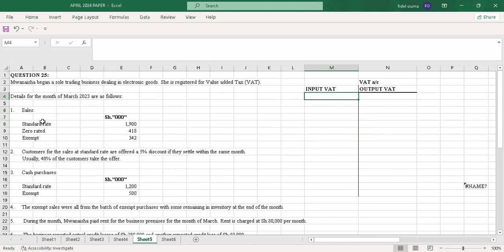So 1 is sales. The standard rate, 1900, zero rated, 14, exempt, 340, 42. So sales is an output VAT. So I'll start here.